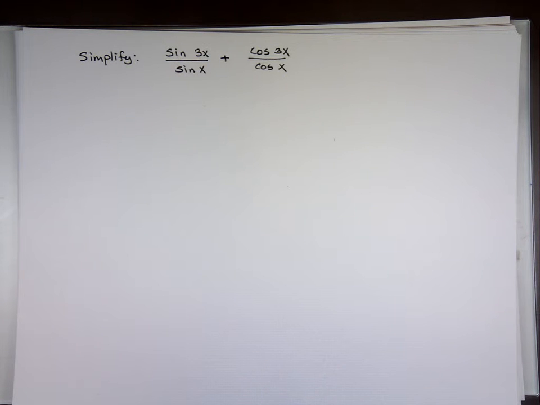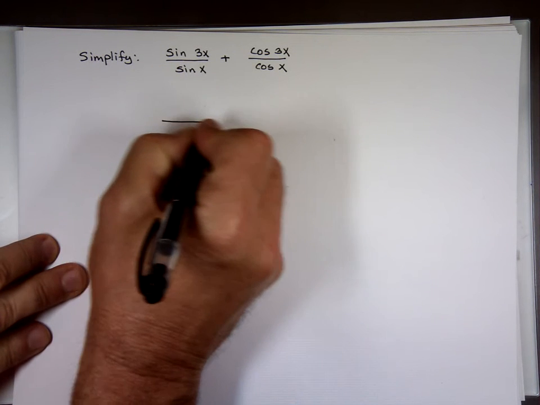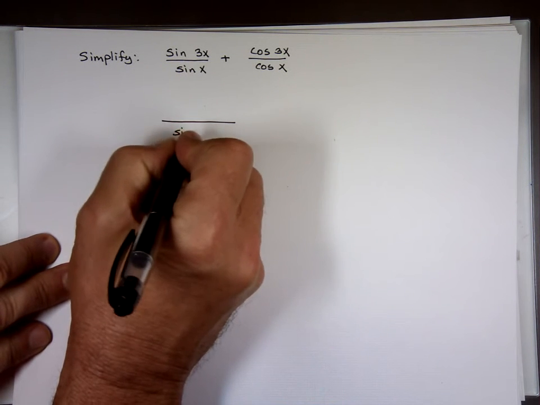Now, the only thing I will say, if you want to add or subtract fractions, what do you need? You need a common denominator. So let's see, what's the common denominator? Sine of x, cosine of x.